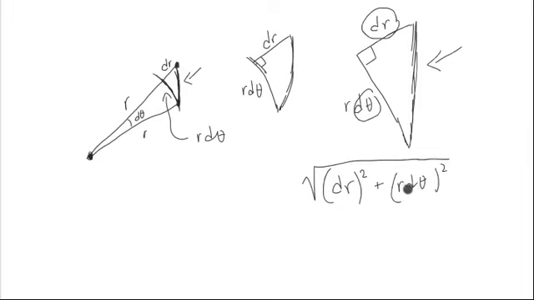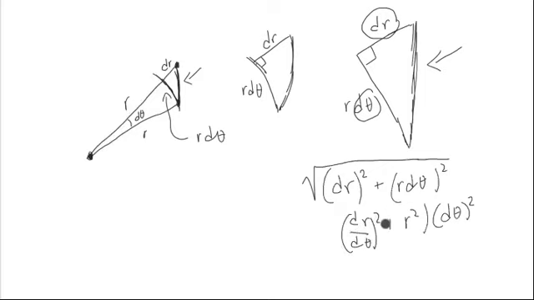Now we can rewrite this by factoring out the d theta squared. So we have d theta squared, and that lives with r squared, and over here, (dr over d theta) squared.